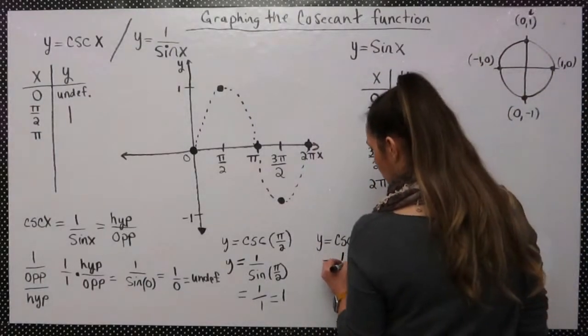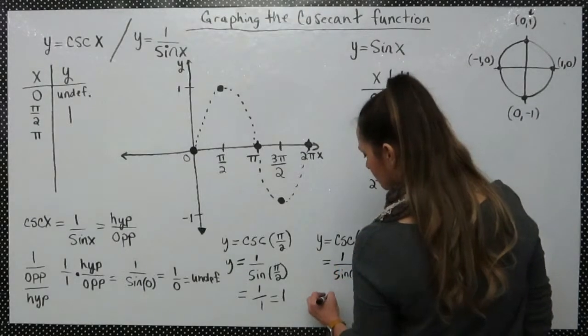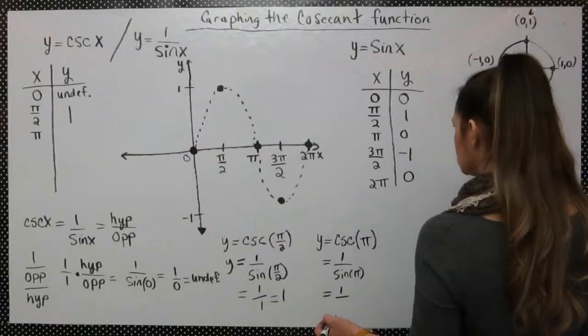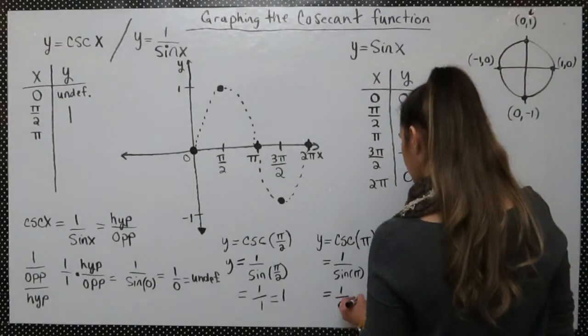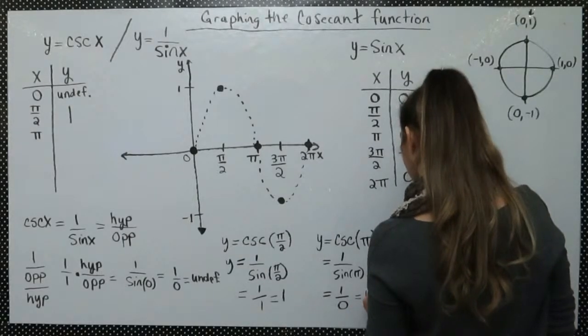That's 1 over the sine of pi, which is 1 over 0. So we're going to have another undefined value, cannot divide by 0.